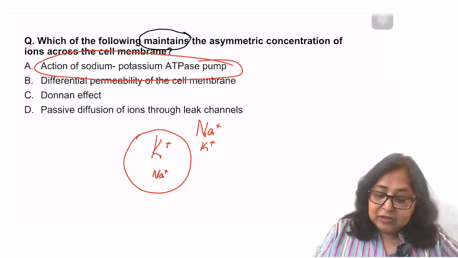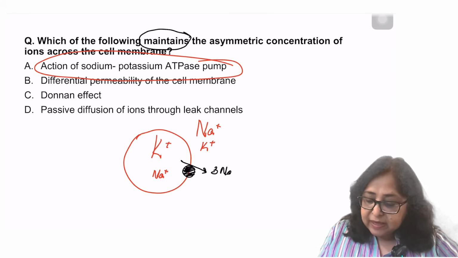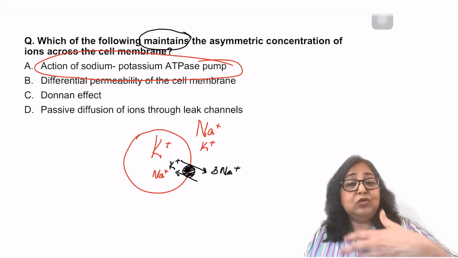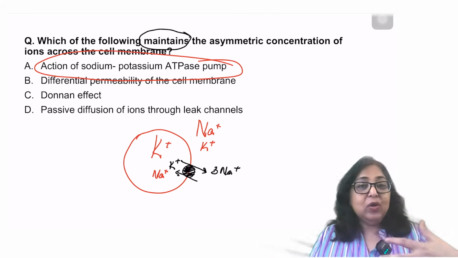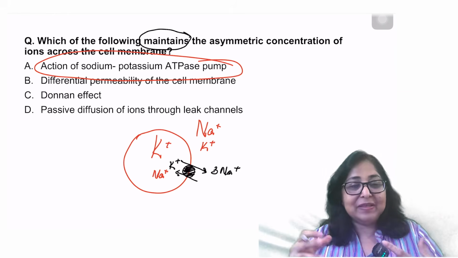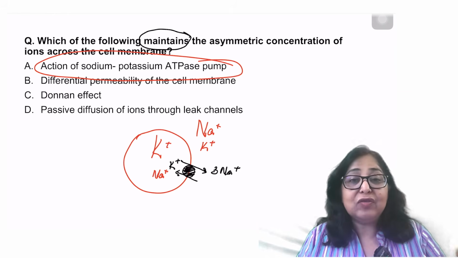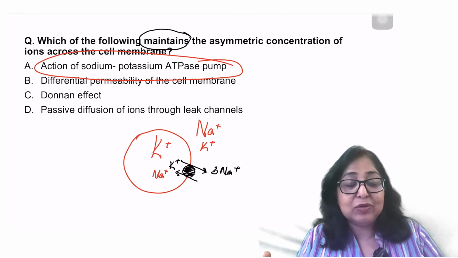Now, the sodium-potassium ATPase pump pumps out 3 sodium and brings in 2 potassium. We know that sodium is in a higher concentration outside, lower concentration inside. So whenever there is a leak of sodium, it's not a free movement of sodium because the cell membrane at rest is almost impermeable to sodium.